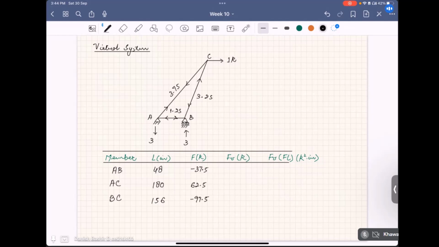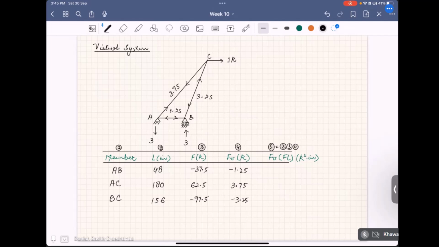For the virtual system, writing the same thing: minus 1.25 in AB because it's compressive, 3.75 in AC because it's tensile, and minus 3.25 in BC because it's compressive. So when we compute this FV times FL, we have to multiply. This is column 1, this is column 2, this is column 3, this is column 4. So actually, you know what column 5 is? Column 5 is equal to 2 times 3 times 4.